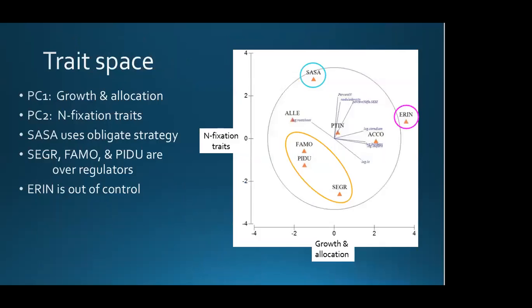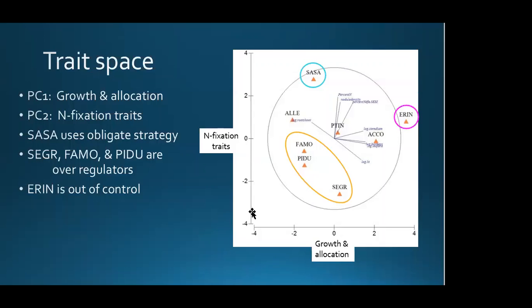Another way of looking at this data, using a principal component analysis, we're able to see how species are grouping in trait space. Down here, PC1 on the x-axis, going from low to high, was associated with growth and allocation traits and explained 49% of variation among species groups.